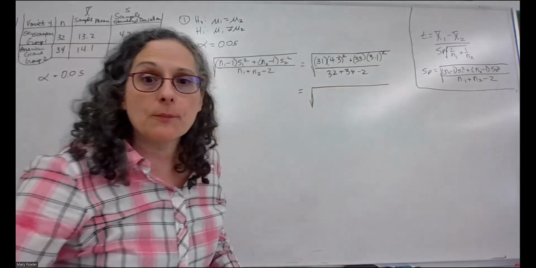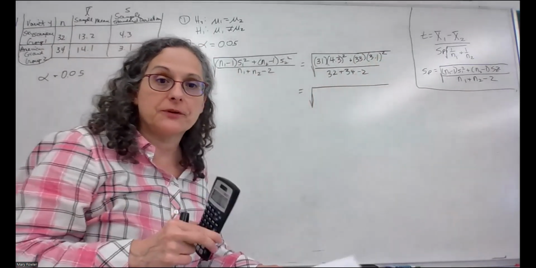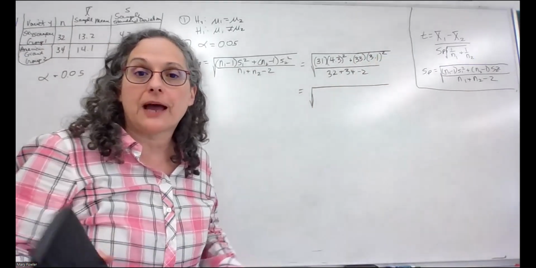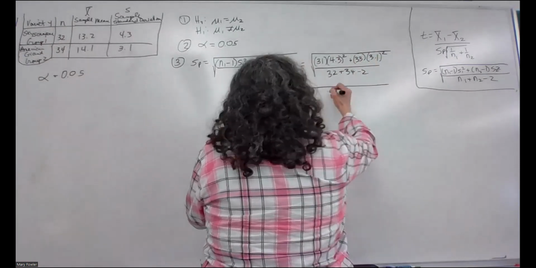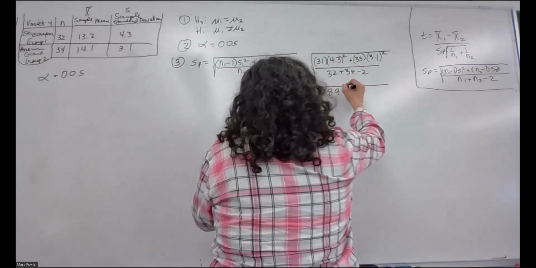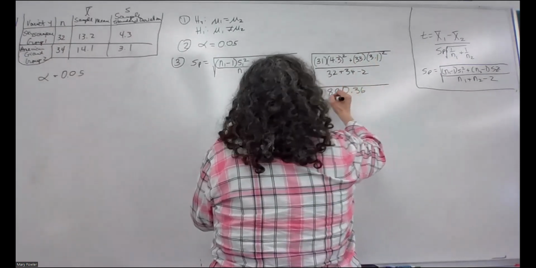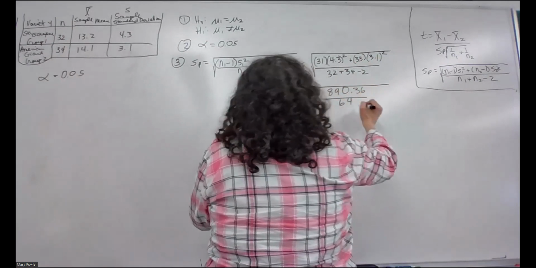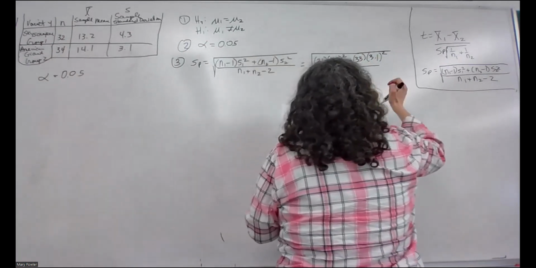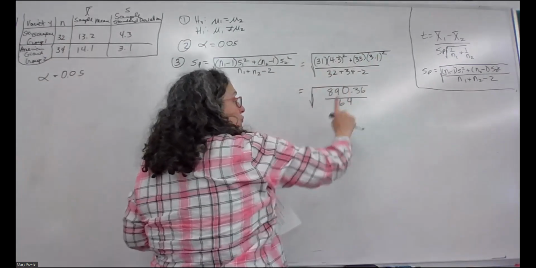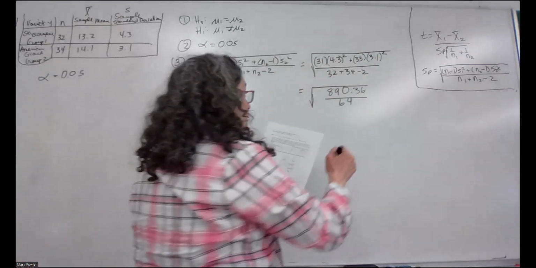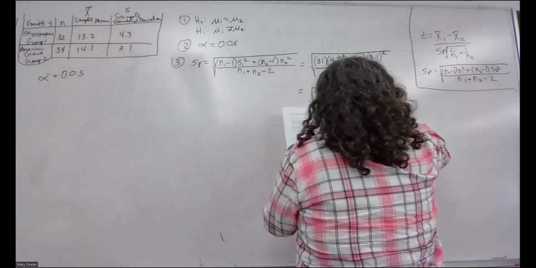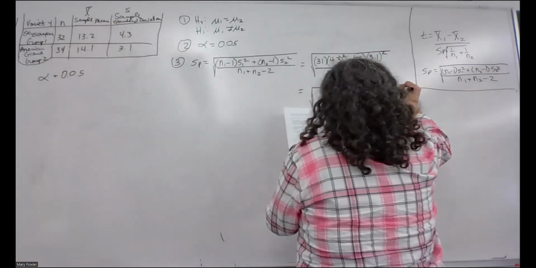So maybe take a moment, if you want to pause the video, work out the calculations. Okay, and I get the numerator is 890.36 and the denominator is 64. That gives me a square root of 13.91.